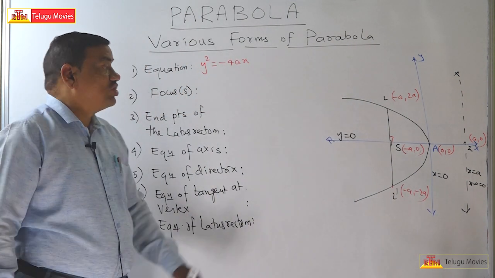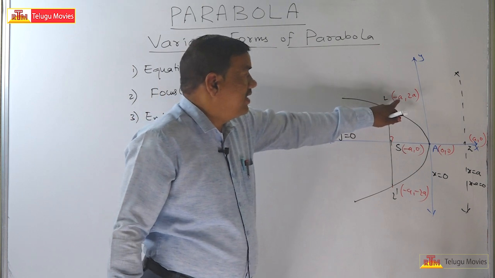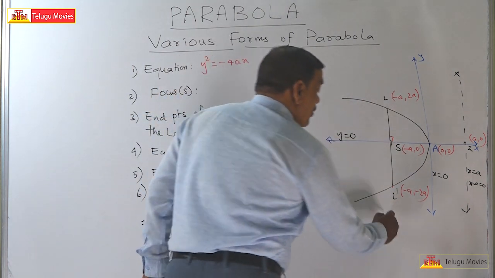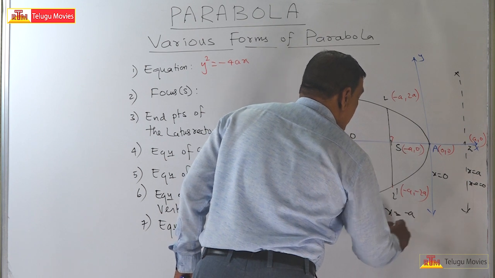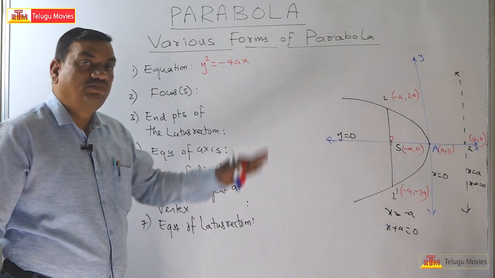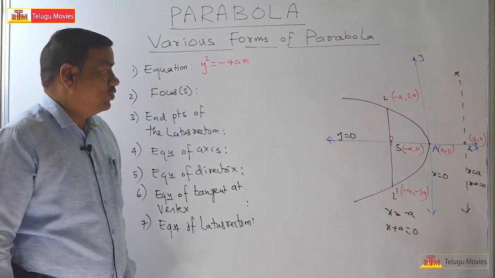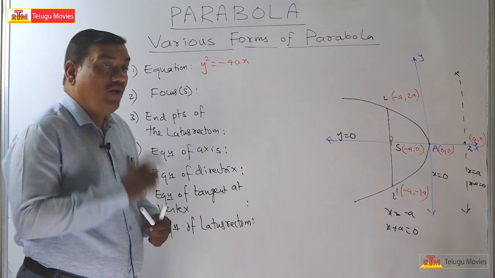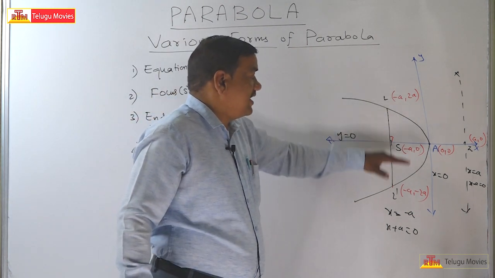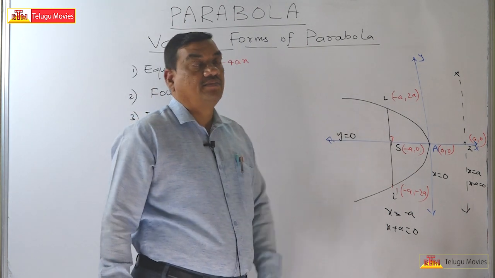Next one, the equation of the latus rectum. See here, the x-coordinate is minus a, minus a, minus a. Therefore, x is equal to minus a, therefore x plus a is equal to 0. That is the equation of the latus rectum. Coming to lengths: the length of the latus rectum L L dash is 4a.